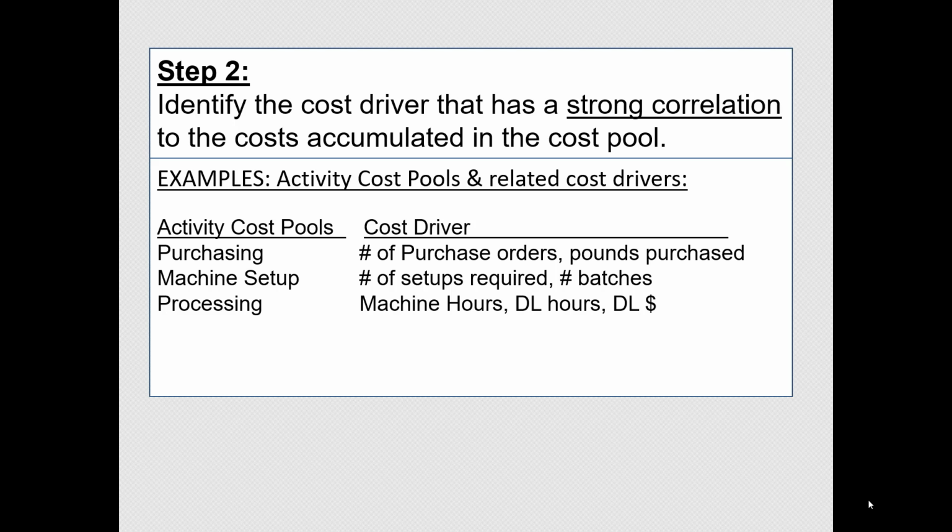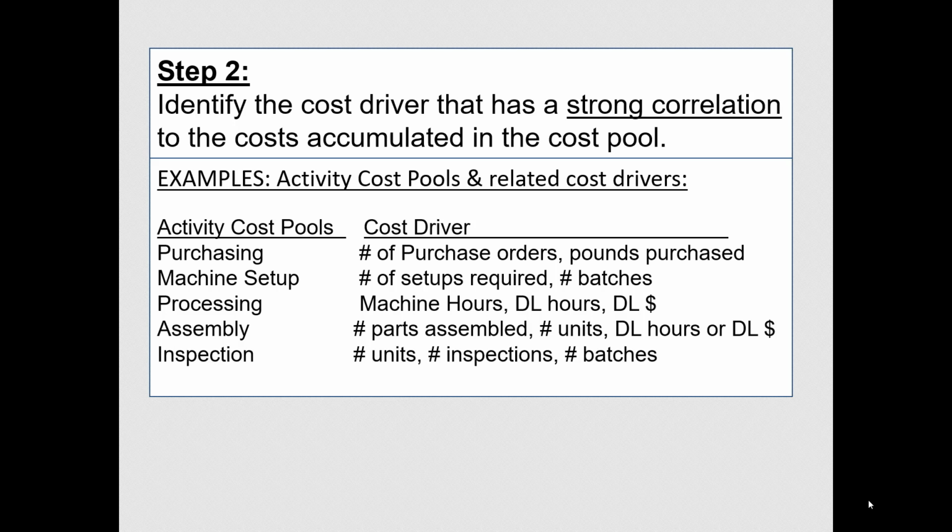You're seeing multiple activity cost drivers for each of these pools because I want you to see that it's going to vary from situation to situation. Each company is going to determine the best way to allocate costs. Assembly might be number of parts assembled, number of units, direct labor hours or direct labor dollars.